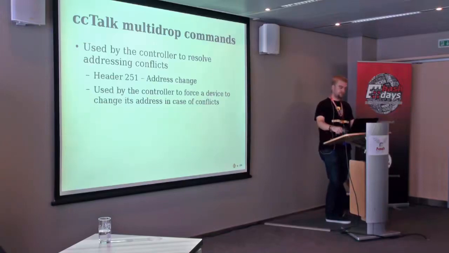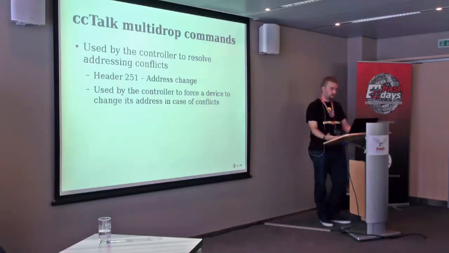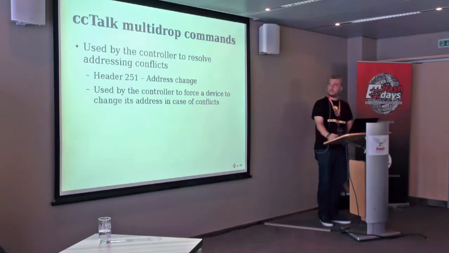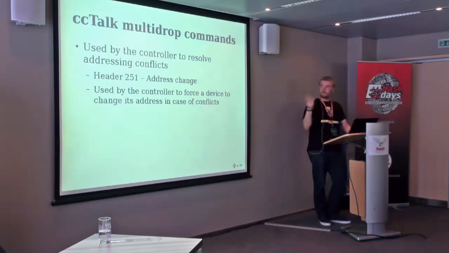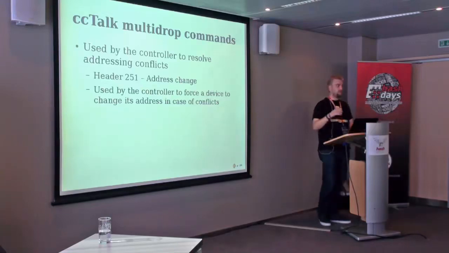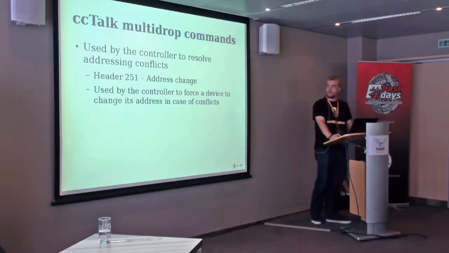Either the controller can specify one address, or it can use another header, header 250, which is address random. When using address random, the device will try to sniff the bus and use a new address that is not in use at the moment.